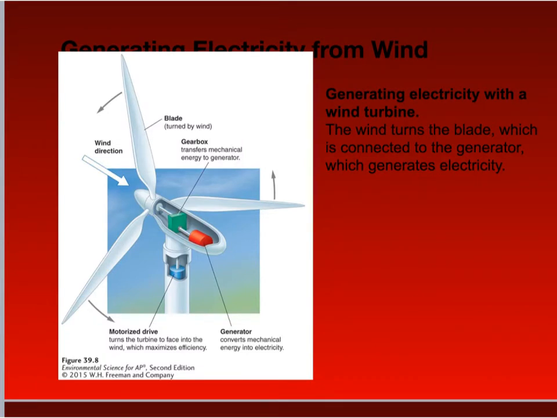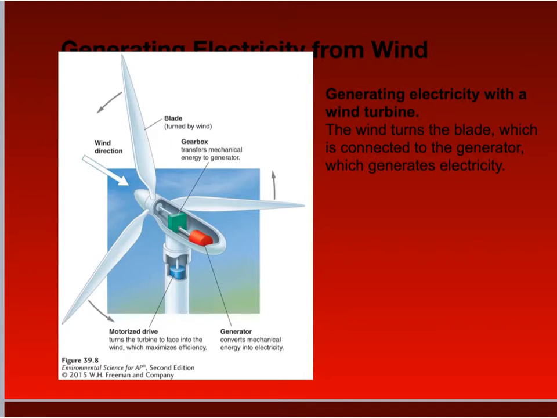And so regardless of where it's located, you can see that the basic structure of a wind turbine is all the same. There is a motorized drive that turns the turbine and makes sure that it stays facing the wind, and that takes energy. And then there's the generator actually located in the back of the turbine, and then there's the blades and the gearbox.